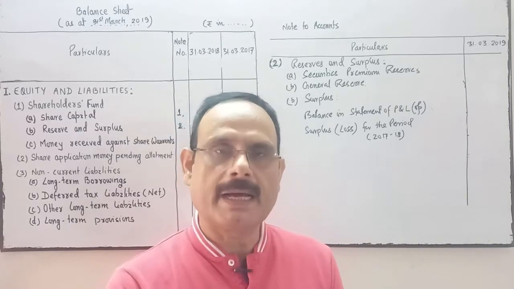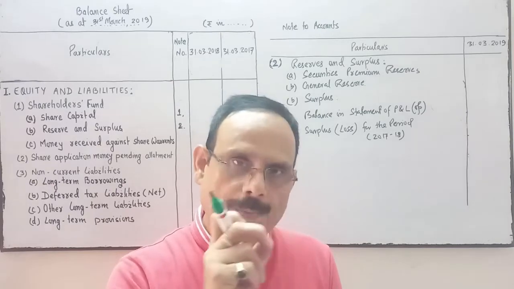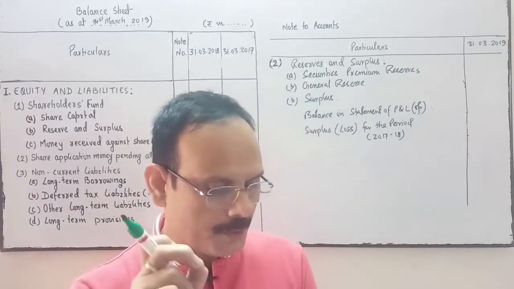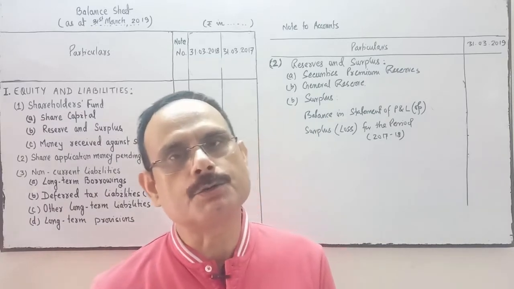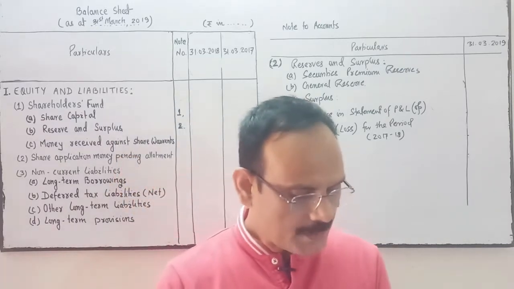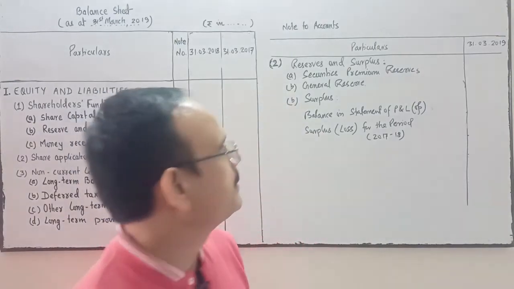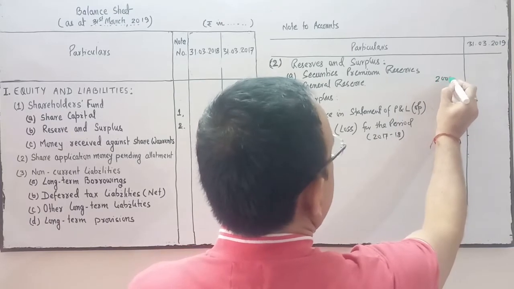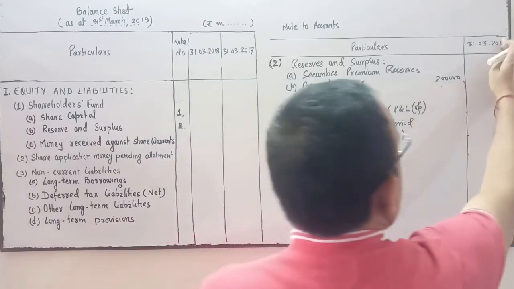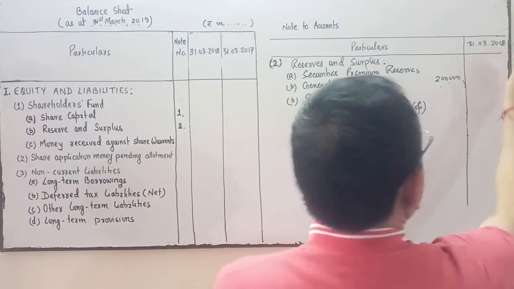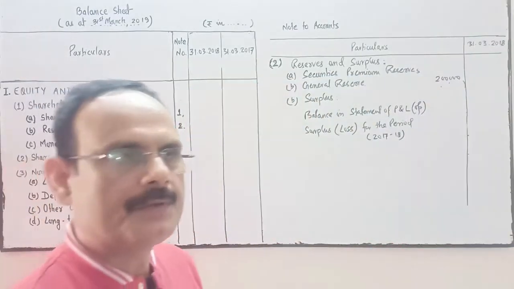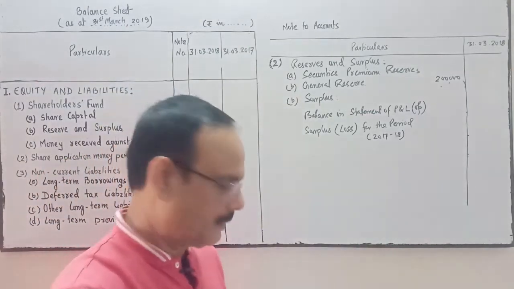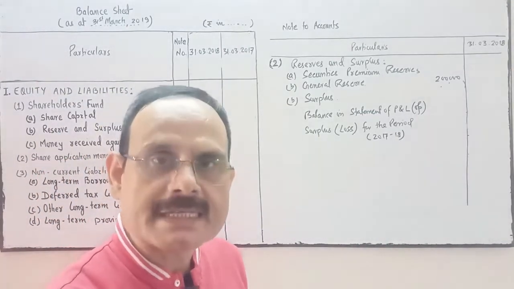This is the last year balance, which becomes the opening balance of this financial year. So what are the balances? General reserve is 2 lakhs. The current financial year is 17-18 and the previous financial year is 16-17, so this is the information about 16-17.